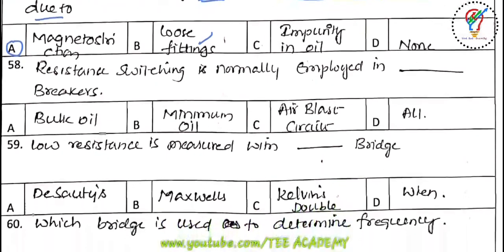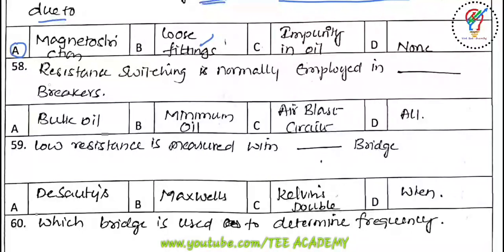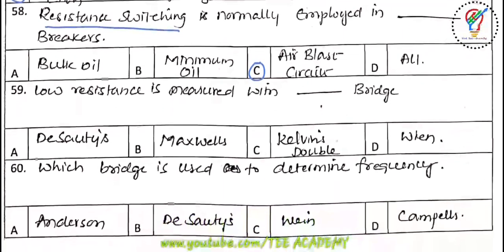Next one, and this is also a repeated question in power systems: resistance switching is normally employed in? Yes, it is the air blast circuit breaker. The other options are also there, but it is the air blast circuit breaker. Next one: low resistance is measured with the help of a dash bridge. This question is from measurements.